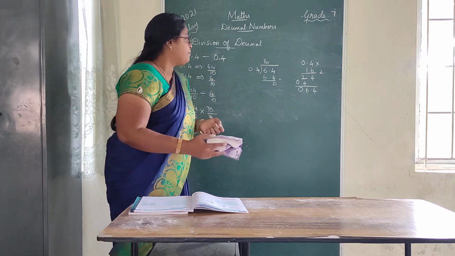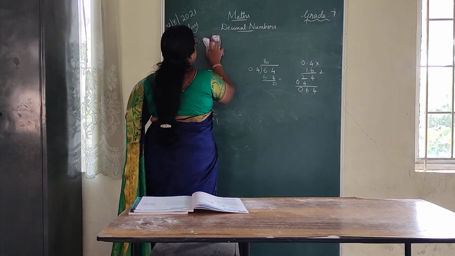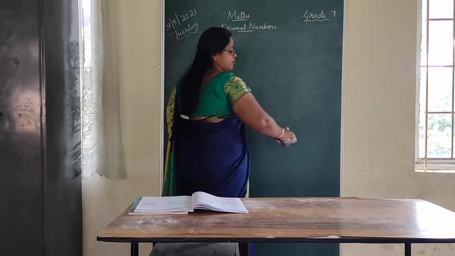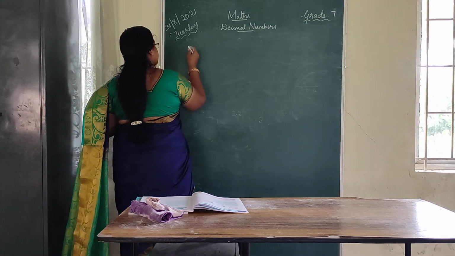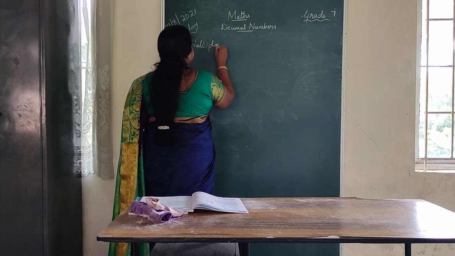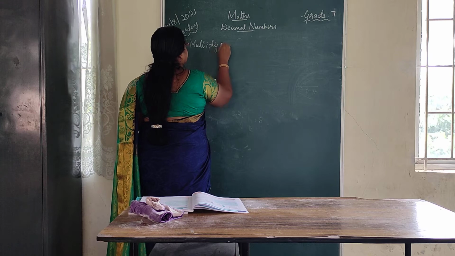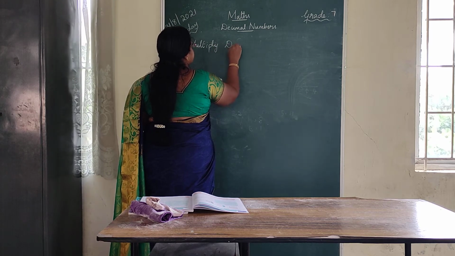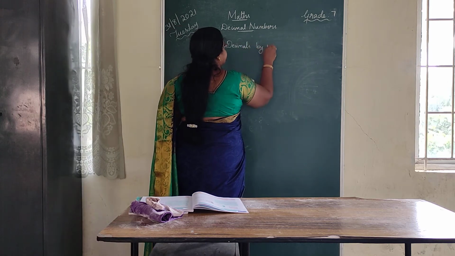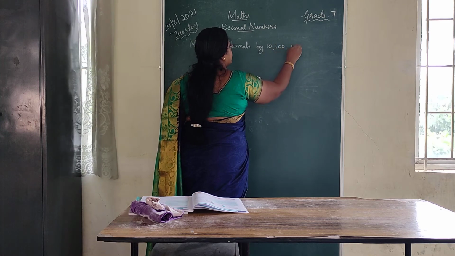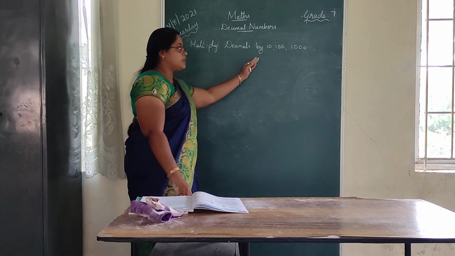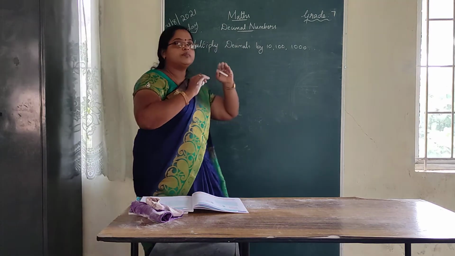So only one more topic: multiplication of decimals by 10, 100, 1000, etc. Okay, when we are multiplying by these numbers 10, 100, 1000, the point should move forward.